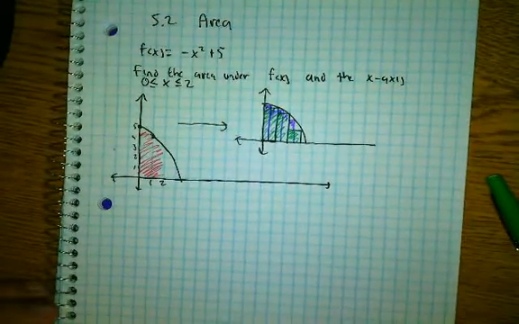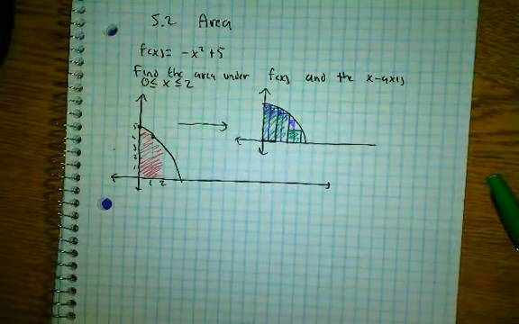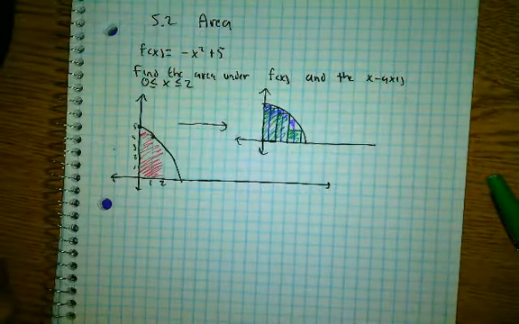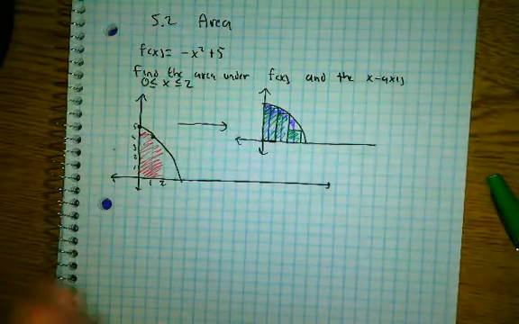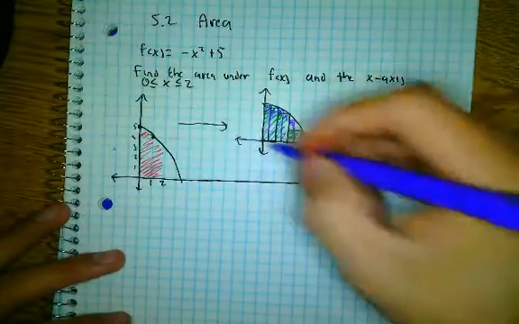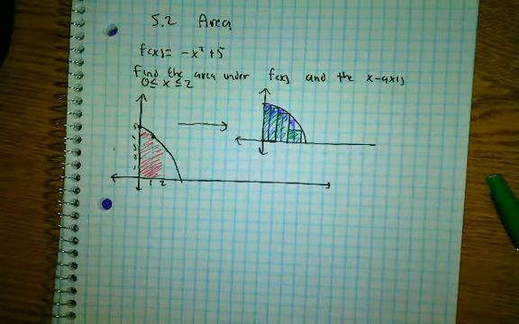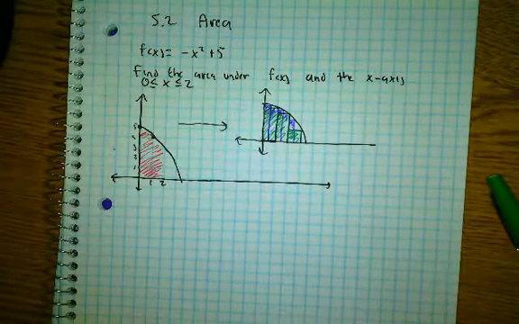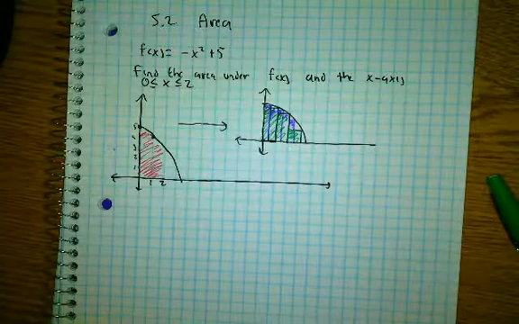Agreed? So if I wanted a better approximation, what could you do? Make even smaller rectangles. The key here is that they're all going to be the same width. Okay? Do we all understand that?